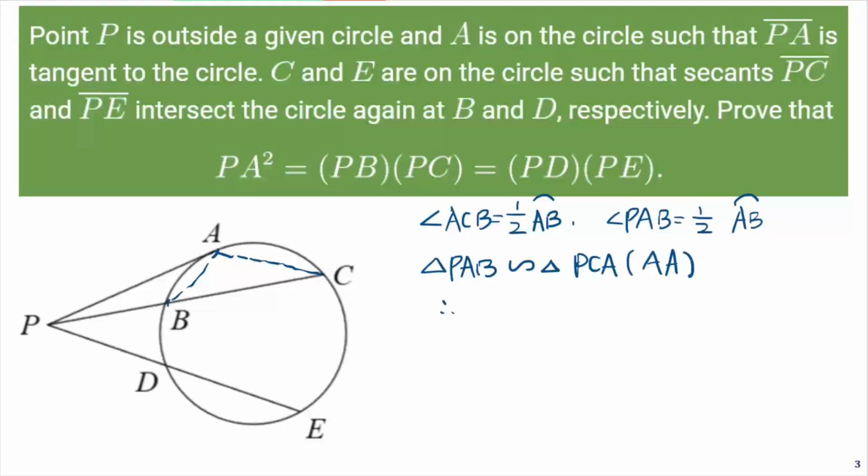Therefore, we have PA over PB equals PC over PA. Of course, that gives us PA squared equals PB times PC, right?